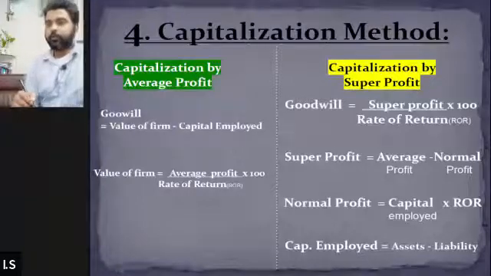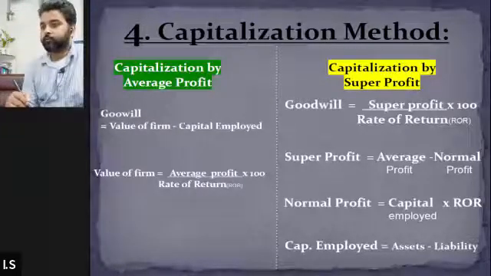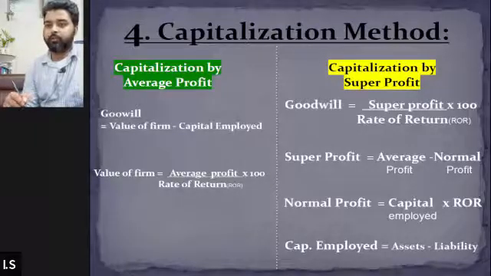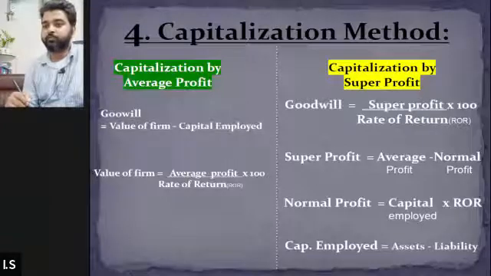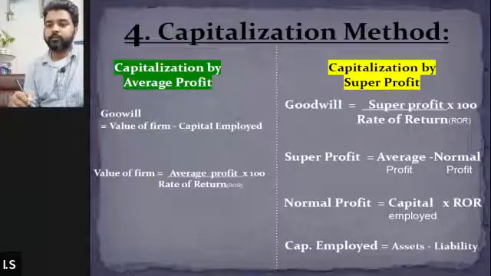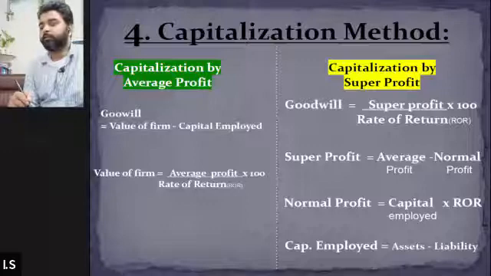All right, everyone. So in the last class, we were talking about the calculation of goodwill by the capitalization method. While discussing it, I told you that valuation of goodwill by this method can be done by two different formulas.